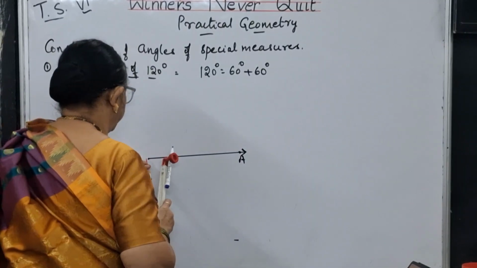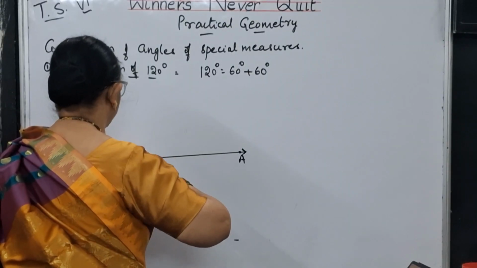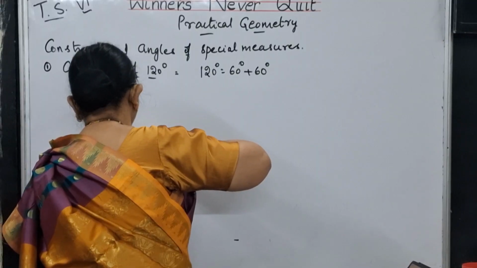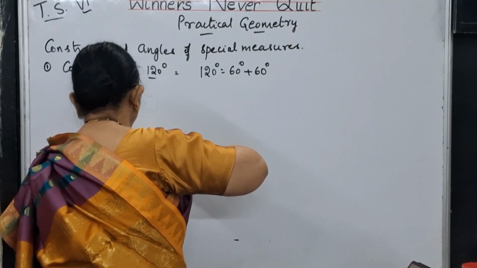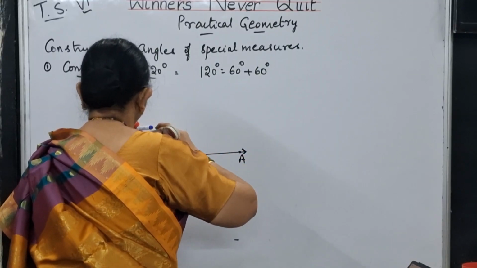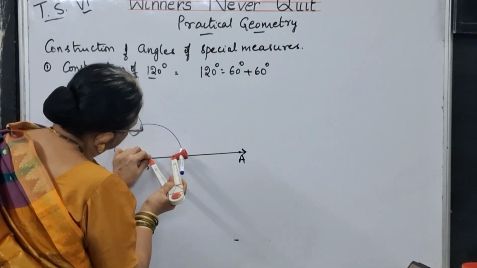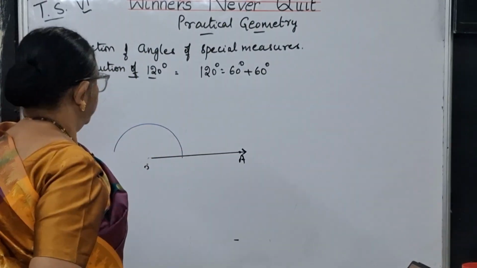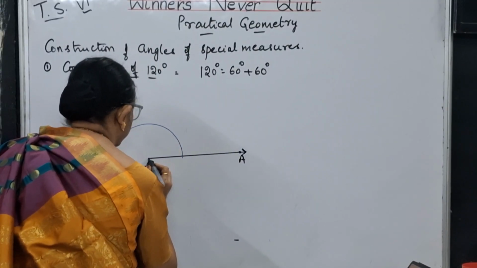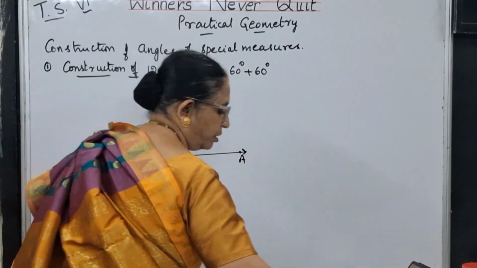Here, the arc should be a little bit bigger. Start drawing the arc from here, almost 180 degrees. A big arc you have to draw in this way. This point is O. Let me call this point as P.